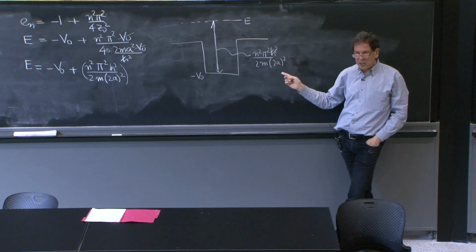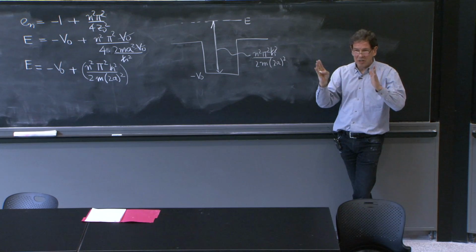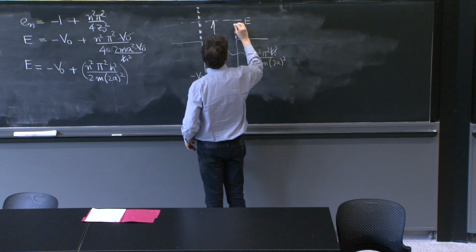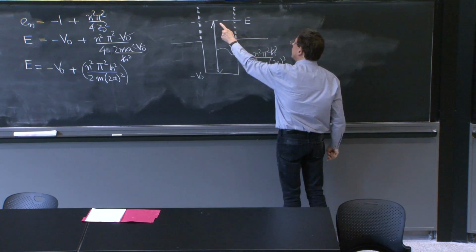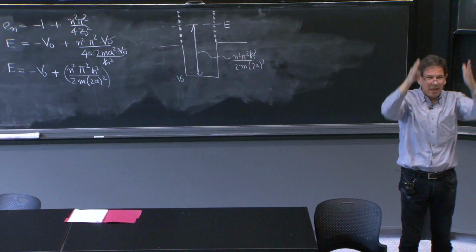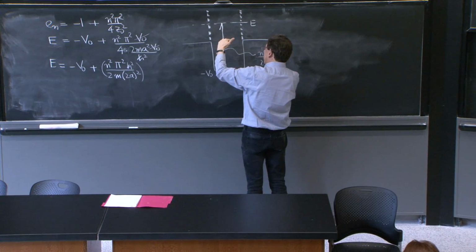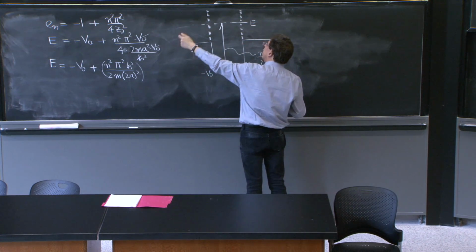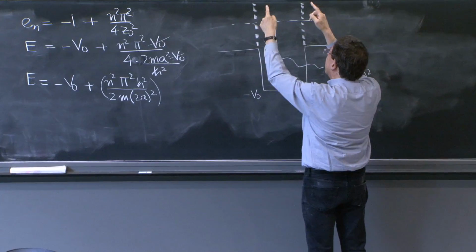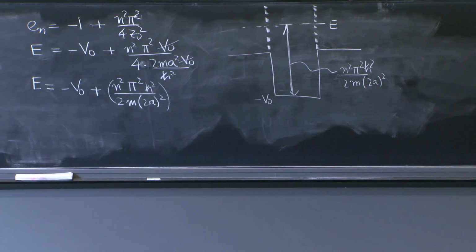So the energies at which you find a transmission, called the resonant transmission, are those in which the energy E coincides with some hypothetical energy of the infinite square well that you would put here. It is as if you would have put an infinite square well in the middle and look at where the energies of bound states that are bigger than 0 are. There might be bound state energies below, but those are not relevant because you only consider positive energies. So if you find a positive energy that corresponds to a would-be infinite square well, that's an energy for which you will have transmission.